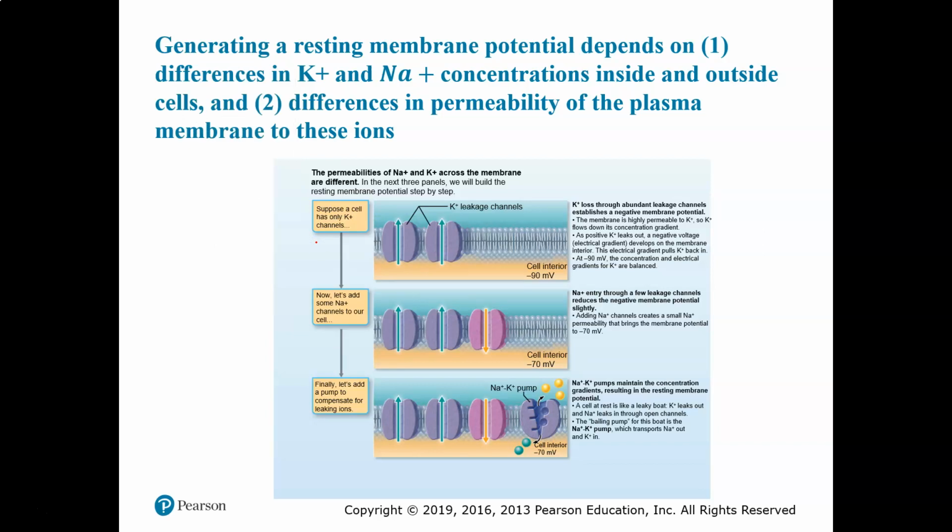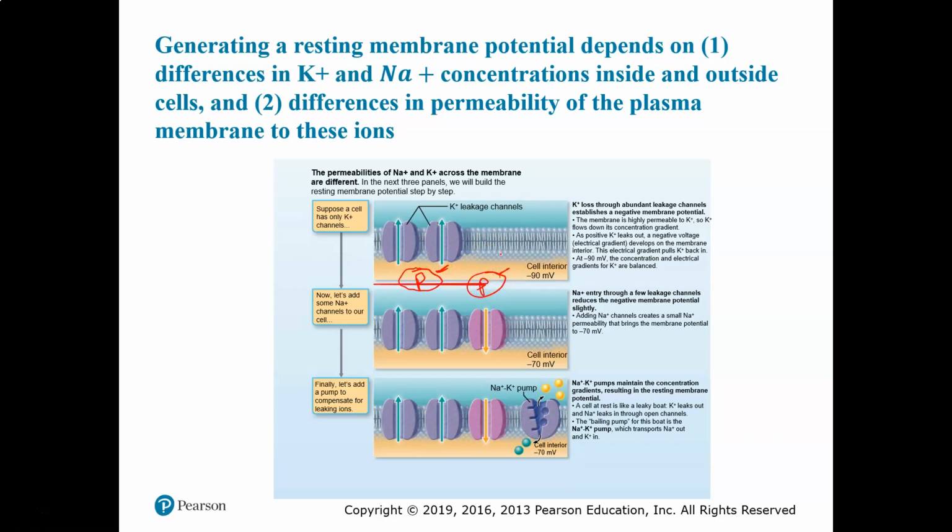In the first picture at the top, these purple channels are channels that only allow potassium through. What's not on here are those large negatively charged proteins that are inside the cell interior.